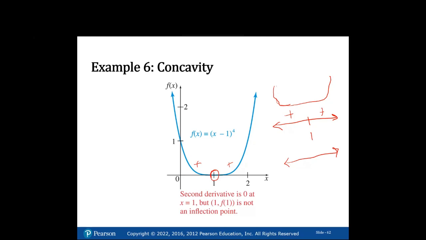Same thing with concavity here. You cannot be an inflection point unless you switch concavity on either side. That is the legit definition. So it has to switch. So even though the second derivative is 0 at 1, it is not an inflection point because it does not switch concavity. So gotta be a little bit careful that we're double checking all of this.